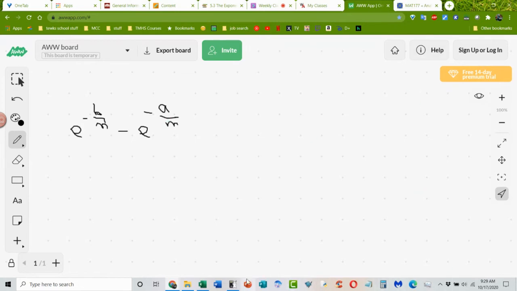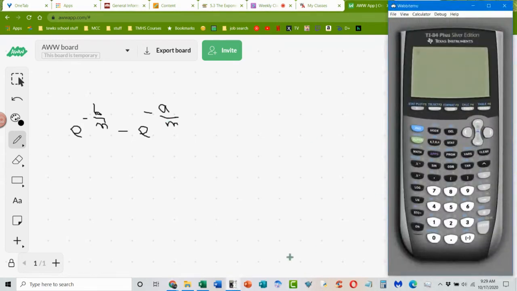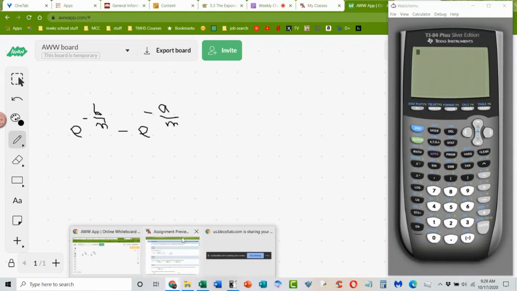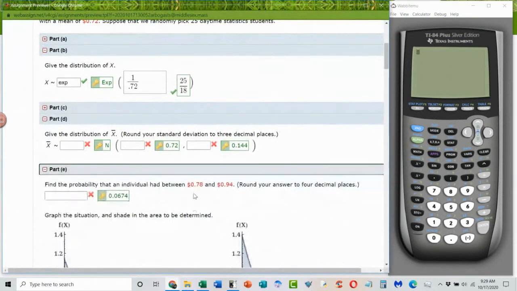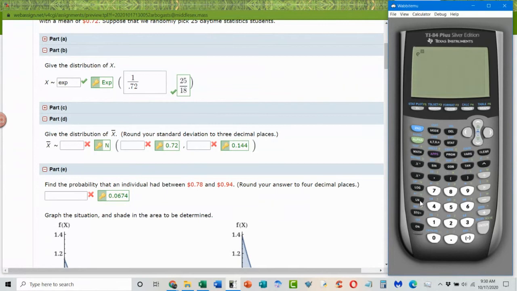All right, so in my case, we have 0.72, 0.78, and 0.94. So to do this in the calculator, it's second ln negative 0.94 divided by 0.72.